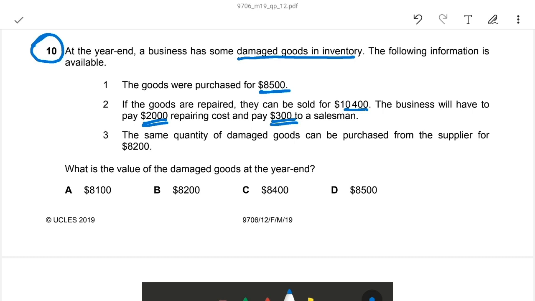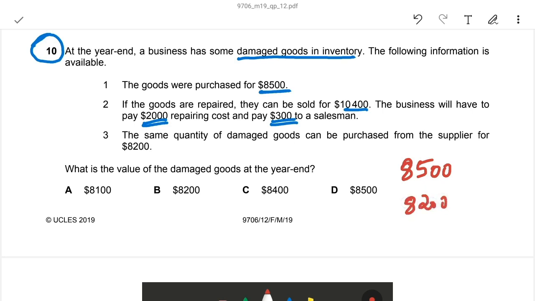We know inventory is valued at the lower of cost or net realizable value. Here the cost is given: 8,500 is the purchase cost, but the market price now is 8,200.